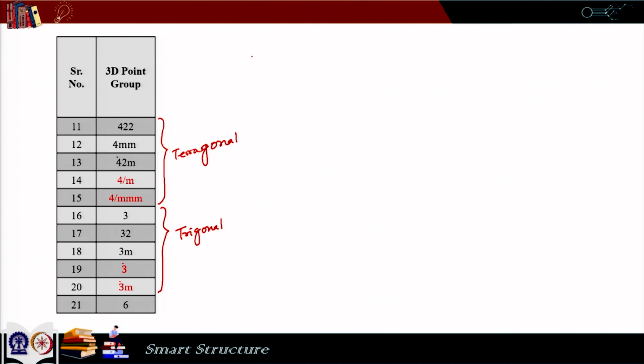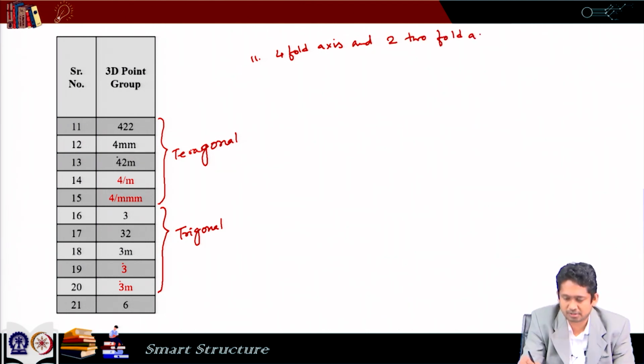So, at 11 we have a 4-fold axis and a 2-fold axis. Here axis means axis of rotation. Then we have a 4-fold axis and 2 mirror planes, which are parallel.